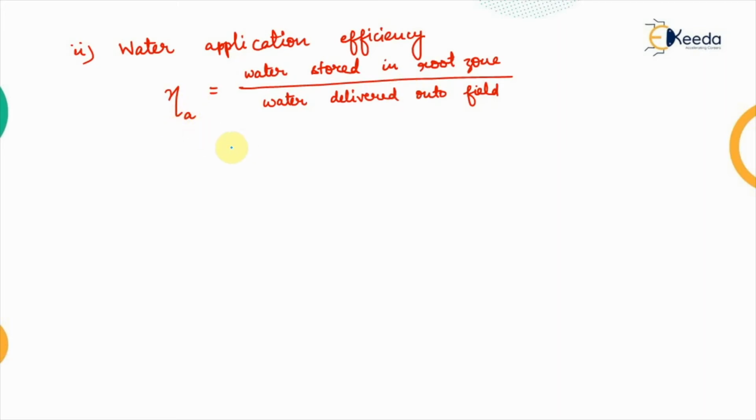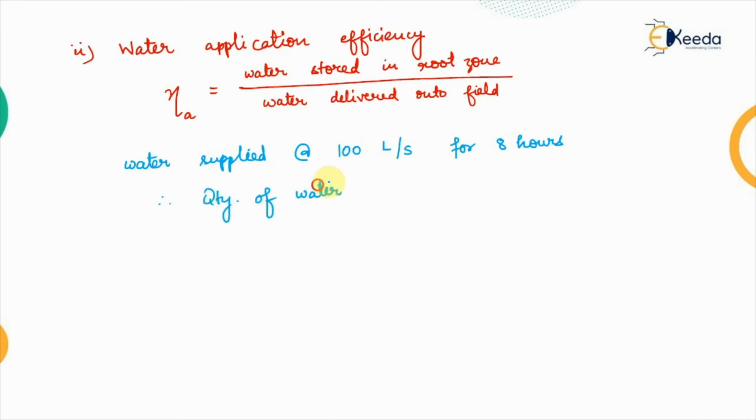Now in the given problem, it was written that the water was supplied at the rate of 100 liters per second for 8 hours. Therefore, the quantity of water which was supplied will be 100 liters per second into 8 hours, converting it into minutes, then converting it into seconds.